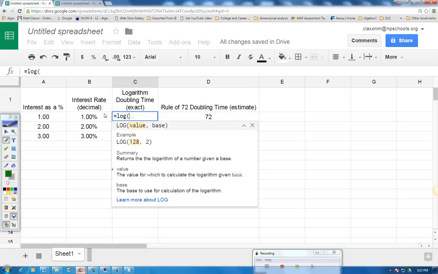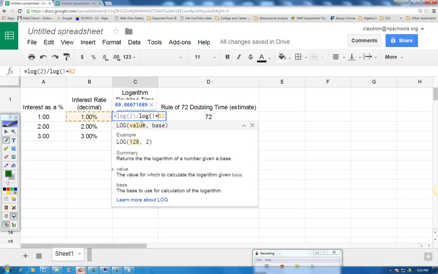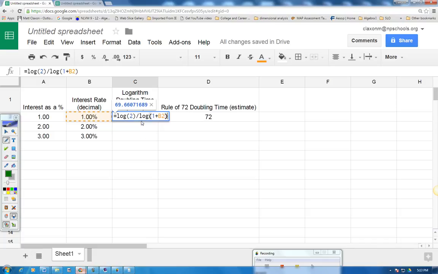I can just type in log, and I'm taking the log of 2, and I want to divide that, forward slash there, by the log of 1 plus that column, right? That is my logarithmic doubling time. Log of 1 plus B2, and 69 years.